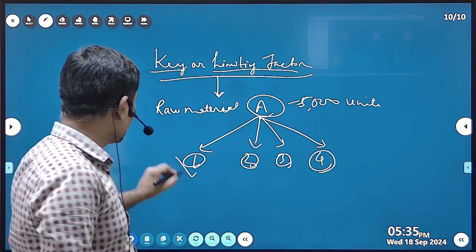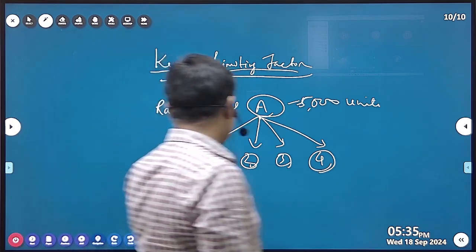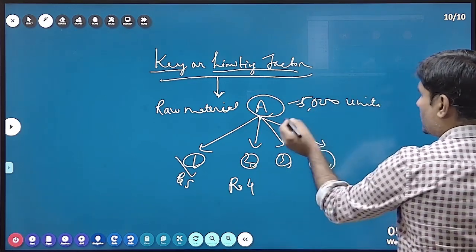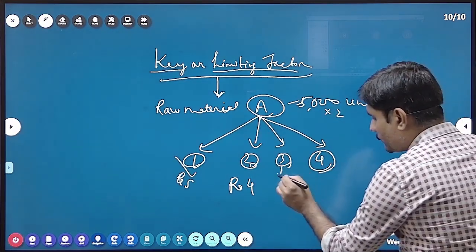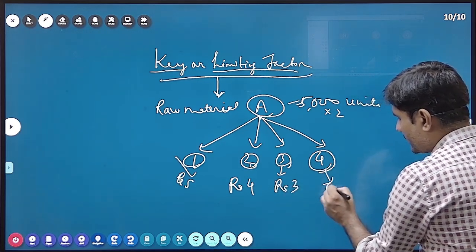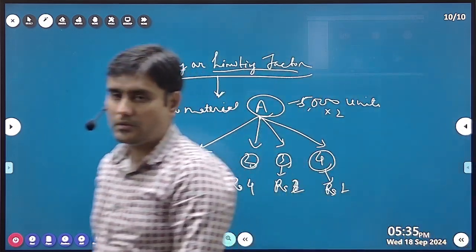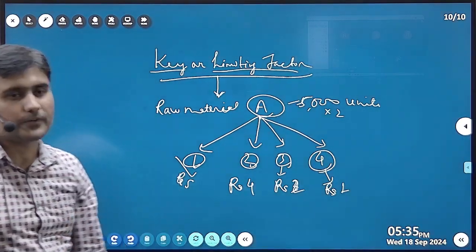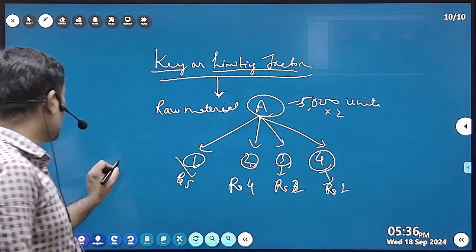So product 1 gives you the highest contribution, rupees 5. The next gives you a contribution of rupees 4, the next rupees 3, and this one rupees 1. These are contribution per unit.